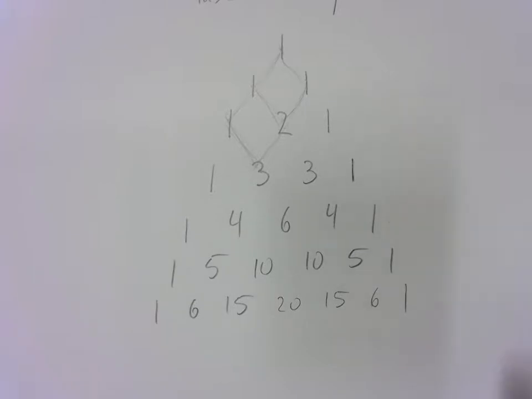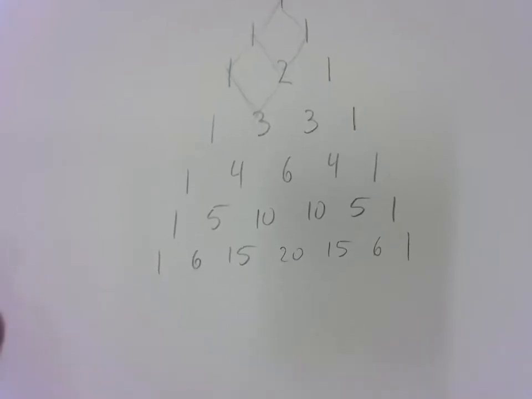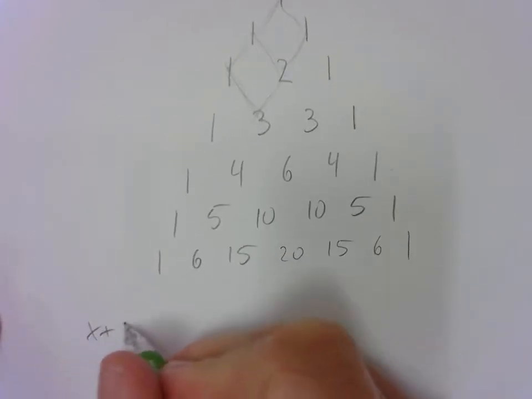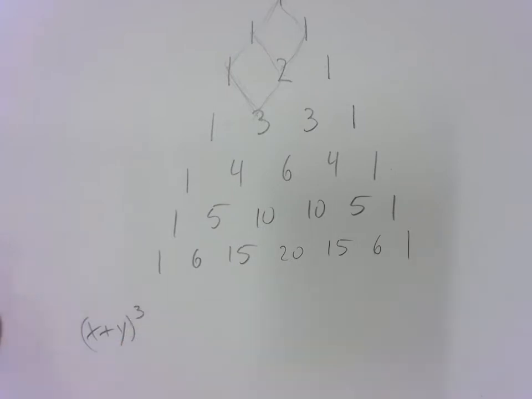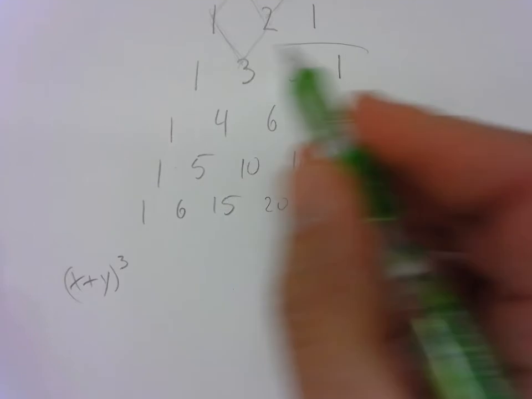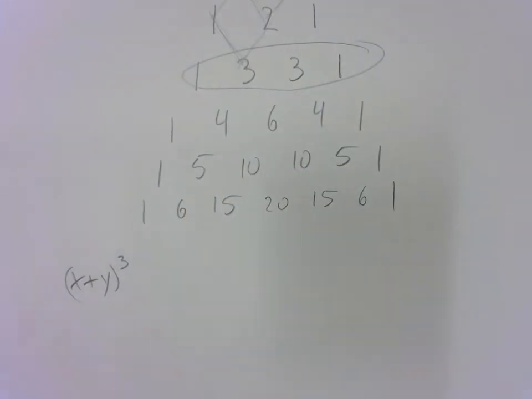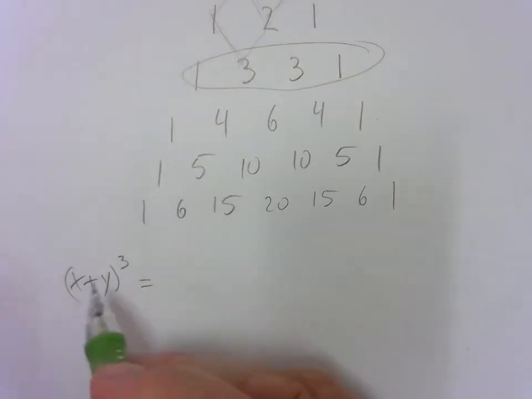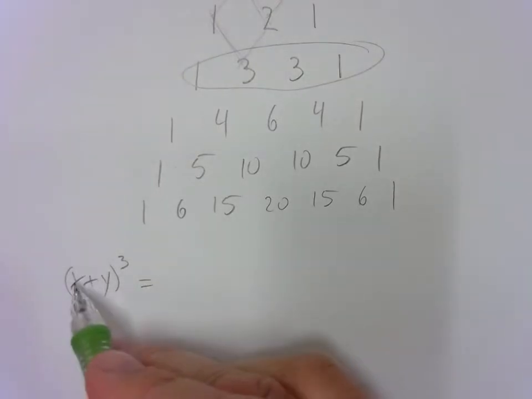So what we're going to do is use the coefficients of Pascal's triangle to expand things out. So we're going to have x plus y to the 3rd power. You see the 3 here, and then you look here at the 3 there. Those are the coefficients that we're going to use to expand this out. If you multiply this together 3 times, it's going to be x times x times x.